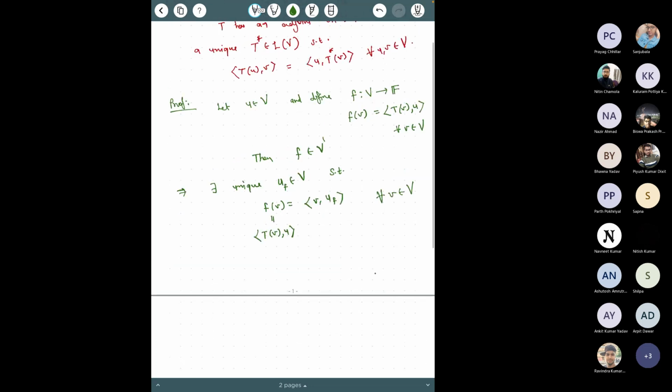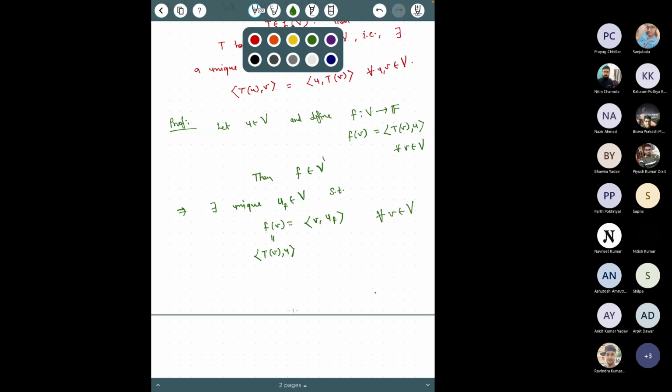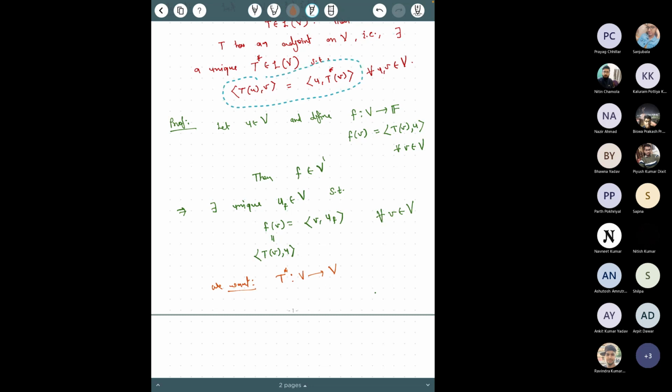So see here, let us see what we want. We want to define a map T star from V to V such that it is linear and it satisfies this relation. Now, can you get some idea by looking at this? How should I define T star so that this relation is satisfied?